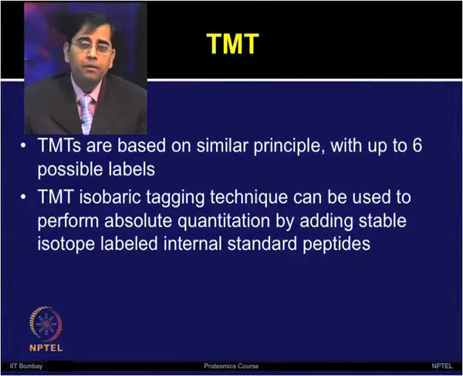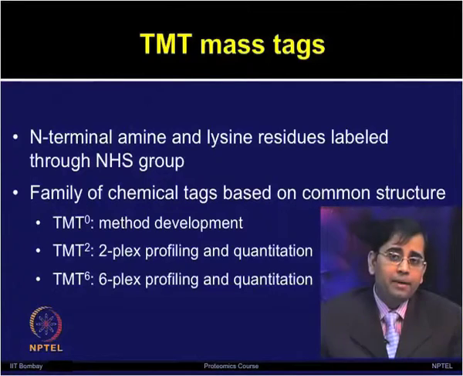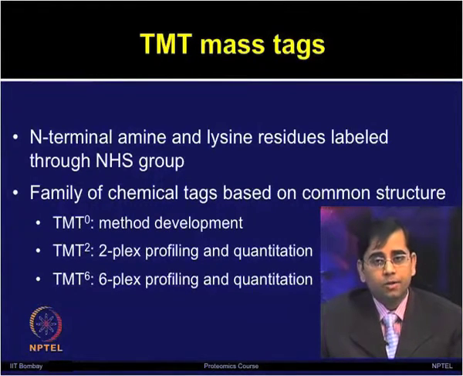It can be done by comparing the peptides from a target protein to a known amount of labeled standard peptide spiked into a sample. In that way, absolute quantification can be obtained. The N-terminal amine and lysine residues are labeled through the NHS group.